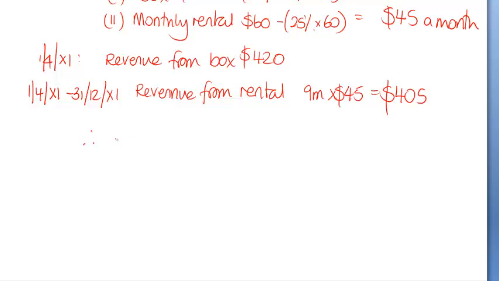Therefore, what am I going to do? I'm going to debit cash. I've received 9 months worth of income. Under the deal price, the customer pays me $62.50 a month.